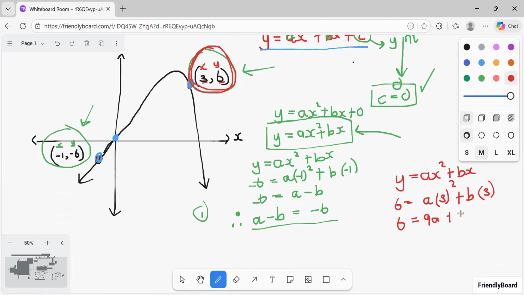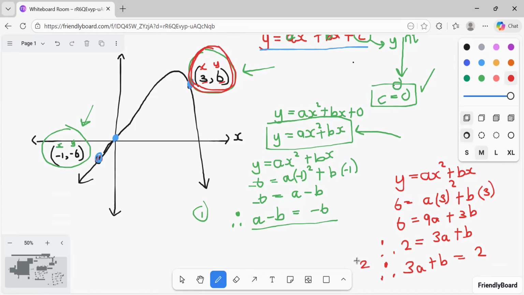I can simplify this because I can see that 3 is a factor here. So I divide everything by 3. So this becomes 2 is equal to 3a plus b. I can then write it this way, that 3a plus b is equal to 2. And this is my second equation.